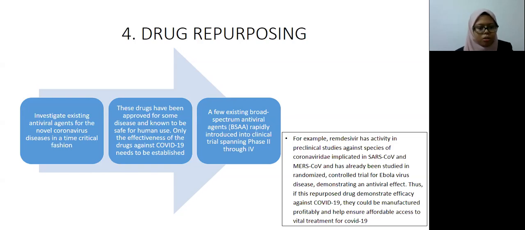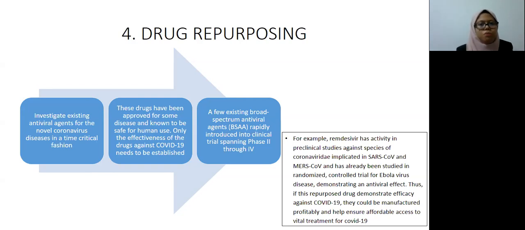For example, as we know, remdesivir has activity in preclinical studies against species of coronaviridae implicated in SARS-CoV as well as MERS-CoV, and it has also been studied in a randomized control trial for Ebola virus disease, where it showed an antiviral effect.